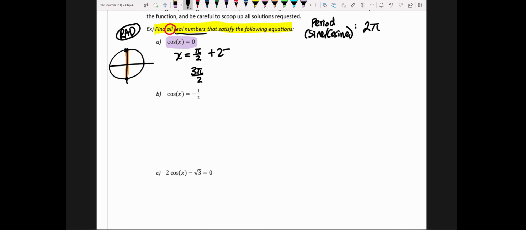So you add 2 pi k, add 2 pi k. Since the graph repeats every period, once you get the solutions in one period, you add period times k to generate all solutions. And then remember that k is any integer. In the software, it may say 2k pi. 2 pi k and 2k pi are the same.